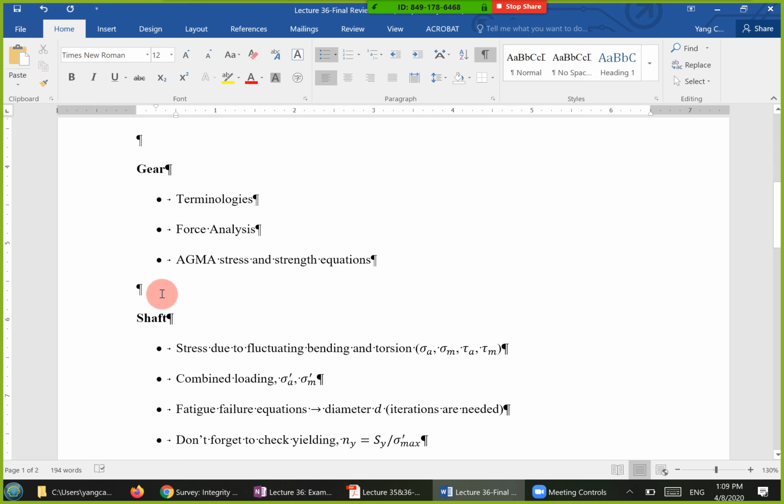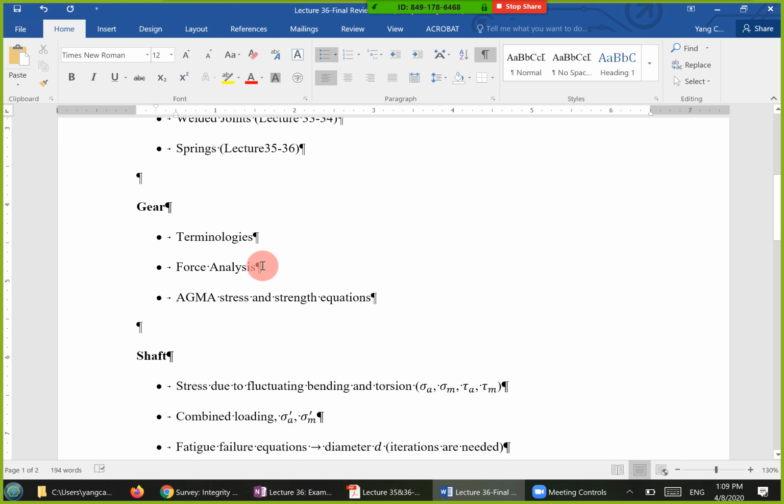So for the final exam, look at one of the quizzes. I think quiz 3 is a type of gear design or analysis question. So some calculation will be simplified, but that will be the typical kind of question you would expect for gear.